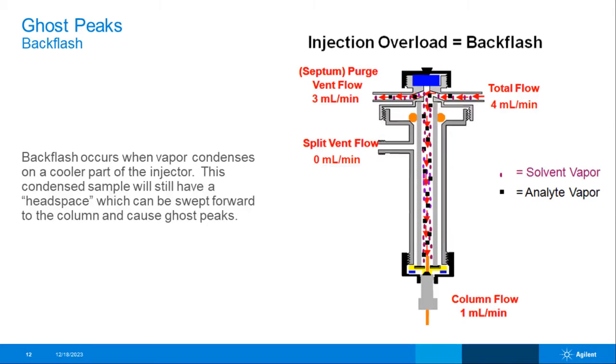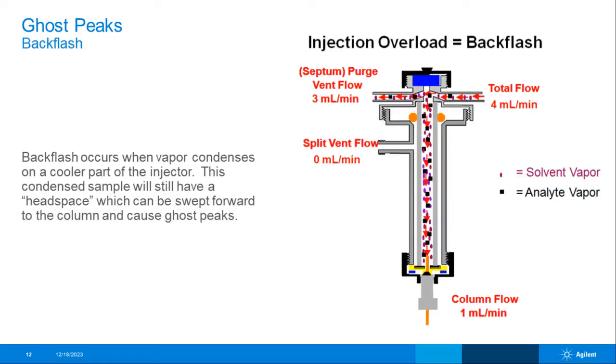Ghost peaks, where do they come from? So what can tend to happen in any type of GC inlet is you can have an overloaded injection. So you've injected too much liquid into most likely a hot inlet. And as soon as it hits that hot inlet, it vaporizes, and the vaporization kind of goes everywhere. The liner volume can no longer contain it. It has exceeded the liner volume.